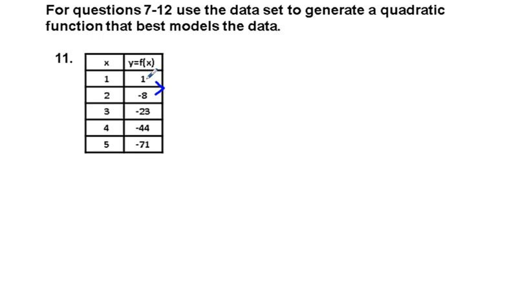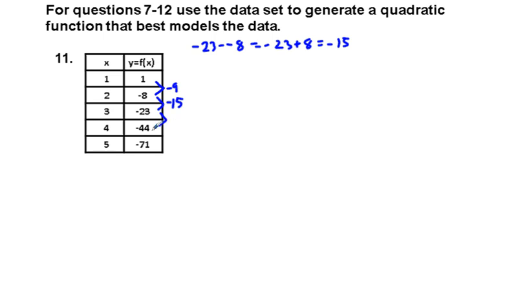So negative 8 minus 1 is going to be negative 9. For this next one, negative 23 minus negative 8, which is going to be negative 23 plus 8, which is equal to negative 15. So we get negative 15. That's our second first difference.